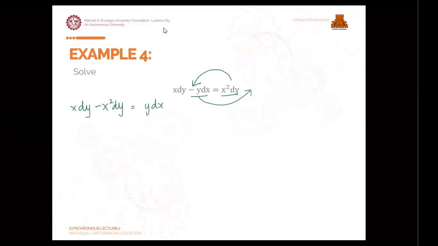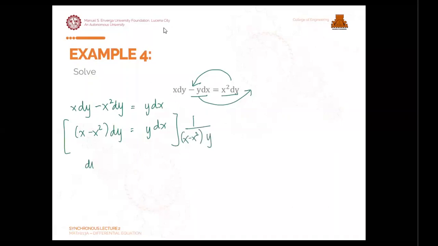Okay? Then factor out natin yung dy sa kanya. So magiging x minus x squared dy is equals to y dx. Then para ma-separate siya, divide lang natin by 1 over x minus x squared at y.